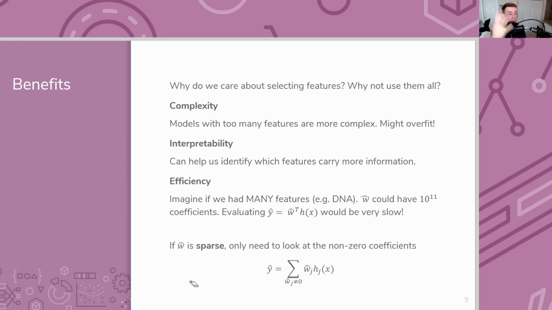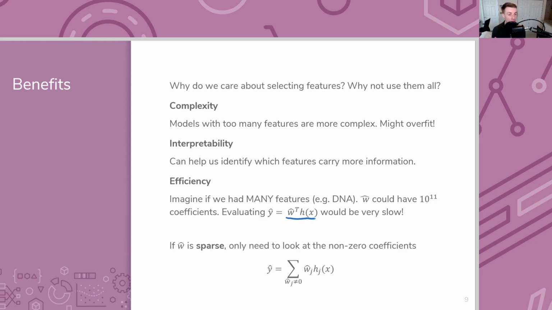But then also when you make predictions about new examples, that also is going to take a long time because remember, even though this notation for making a prediction is quite compact, it's really this: do the sum over each coefficient times its corresponding feature. And if you have 10 to the 11th coefficients, that loop to sum all those up will take a long time to run.